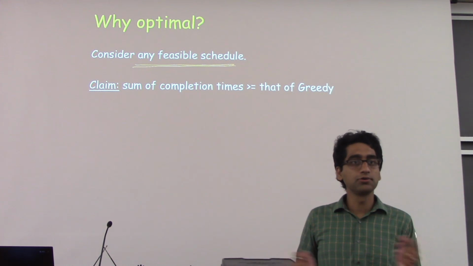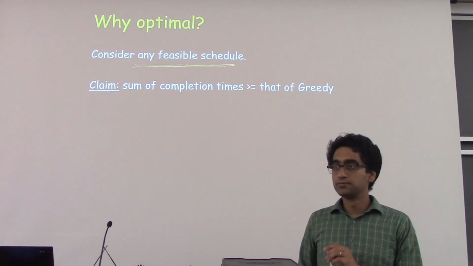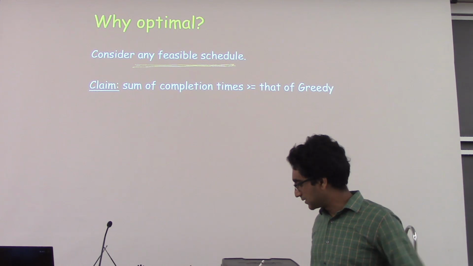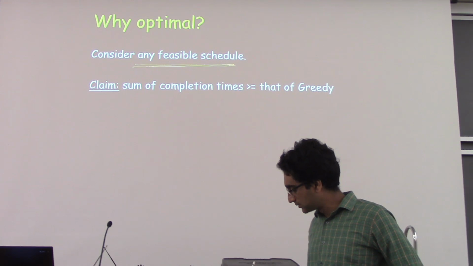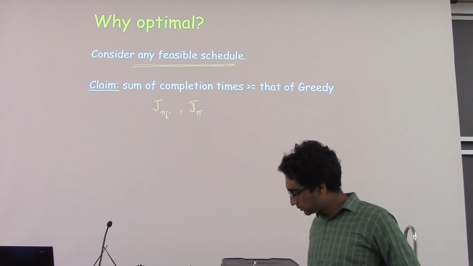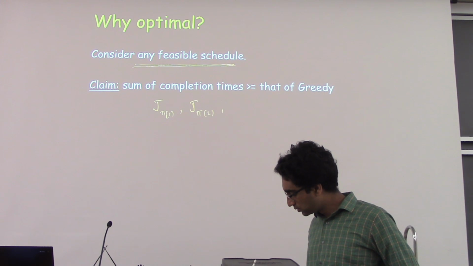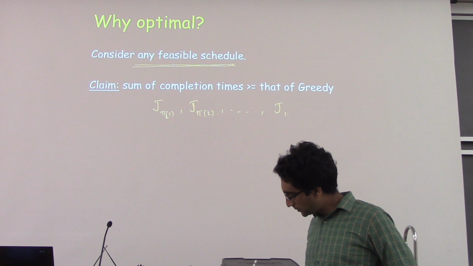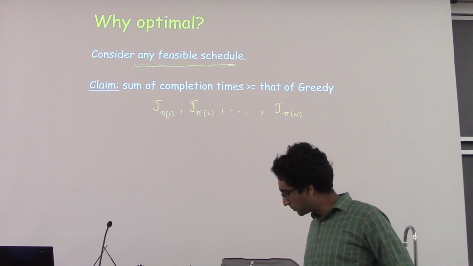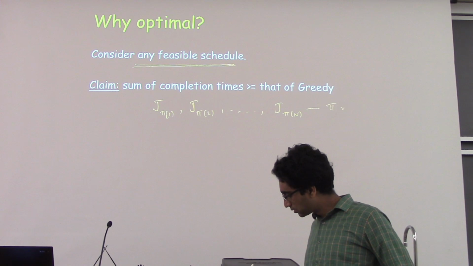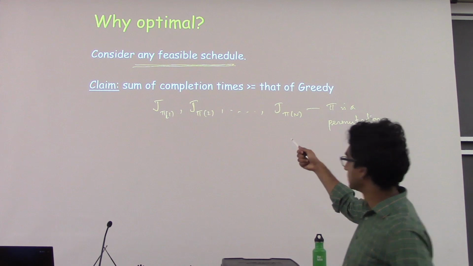So any idea how to go about this? I'm saying consider any schedule, right? So let's say I look at j_pi(1), j_pi(2), up to j_pi(n), where pi is some permutation. So note that any schedule is just something like this.